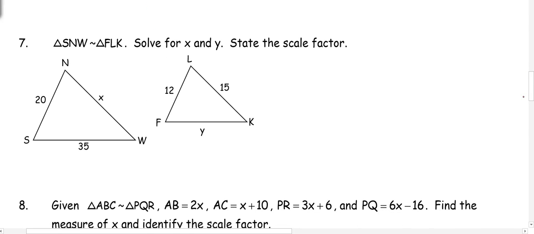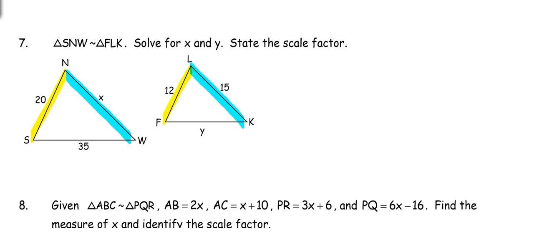So number 7, SNW is similar to triangle FLK. Solve for x and y and say the scale factor. So in this case, we know that SN is the first two letters and it matches up with side FL. We know that NW is the second and third letter, so it matches up with LK.